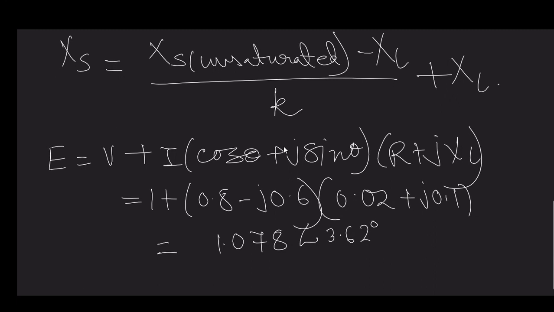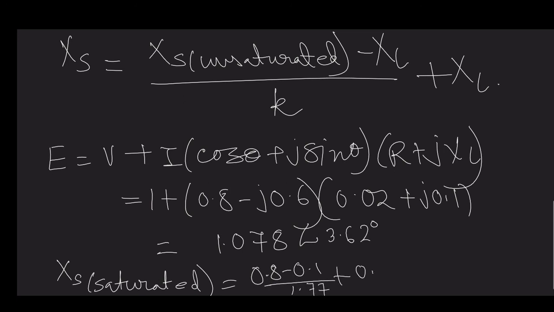Then the remaining thing is very simple. You just need to put in the formula, and X saturated will be 0.8 minus 0.1 by 1.77 plus 0.1, that is 0.55. Then you can calculate E naught. How can E naught be calculated? E naught is equal to, here you put this value.